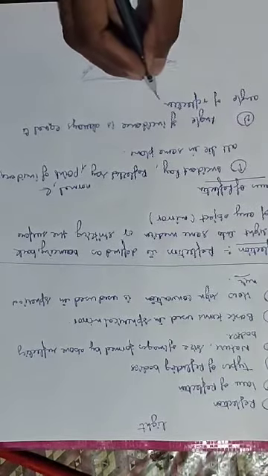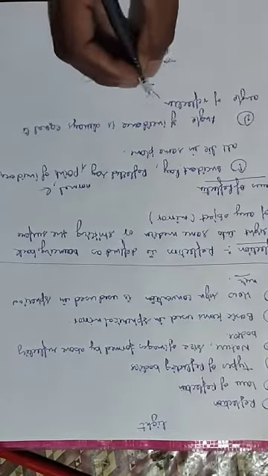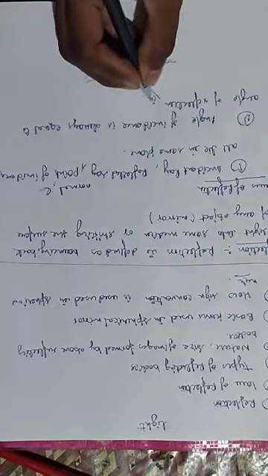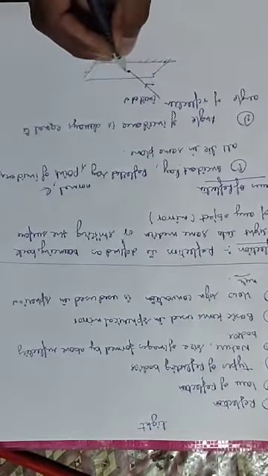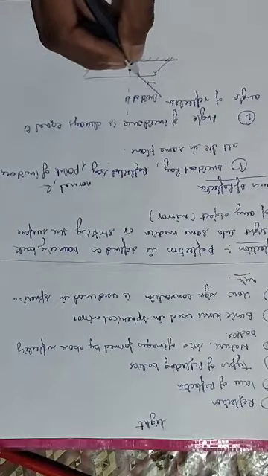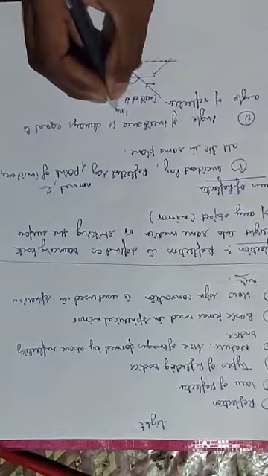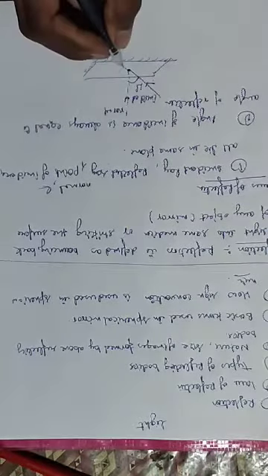A light ray is incident at this point, and we call it the incident ray. At this point we draw a normal to the surface, and the angle between this normal and the incident ray is called the angle of incidence.